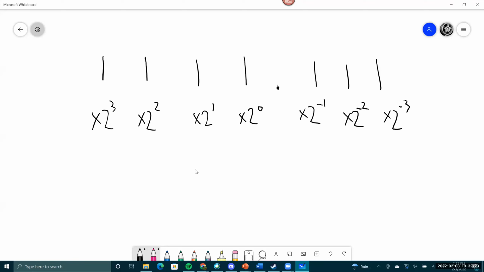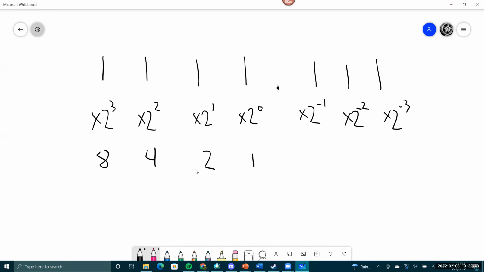Okay, so that's how fractions are handled. If you look at this sequence, moving to the left, the exponent increases, but moving to the right, it decreases. So multiplying this out, what does that give us? This gives us 1, this gives us 2, this gives me 4, this gives me 8, right?